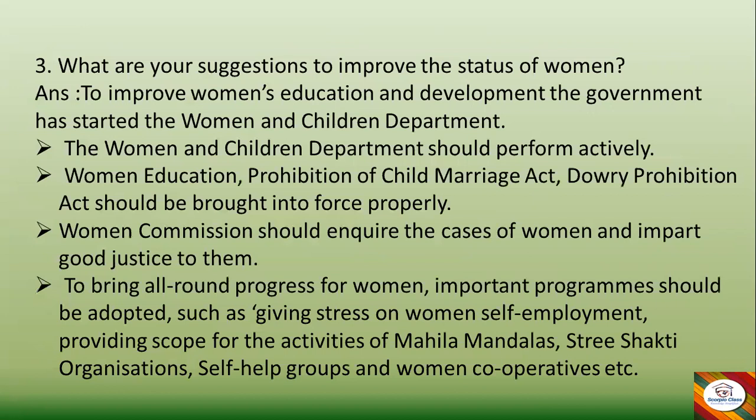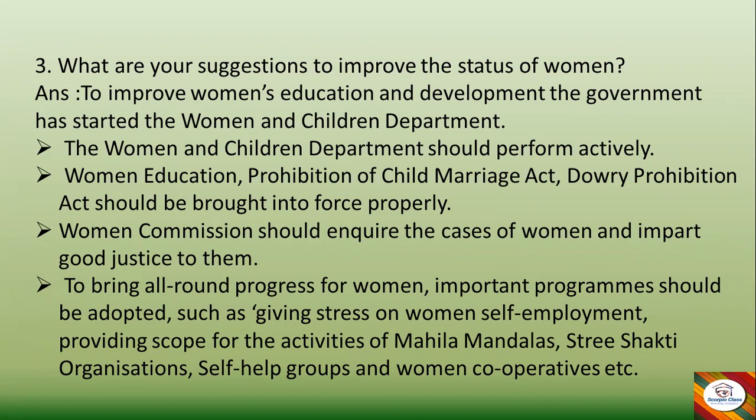Now let's move on to the third one. What are your suggestions to improve the status of women? Answer. To improve women's education and development, the government has started the Women and Children Department. The Women and Children Department should perform actively. Women Education, Prohibition of Child Marriage Act, Dowry Prohibition Act should be brought into force properly. Women Commission should enquire the cases of women and impart good justice to them.